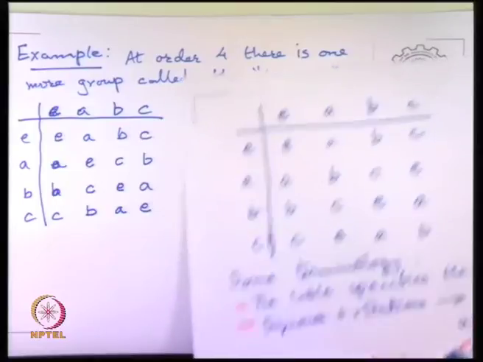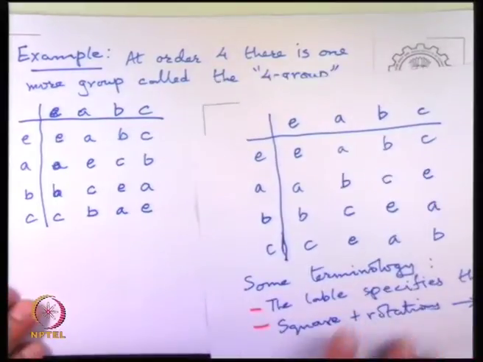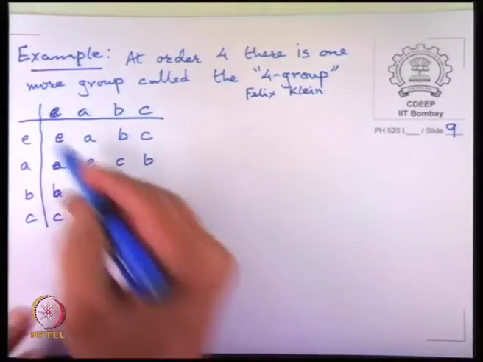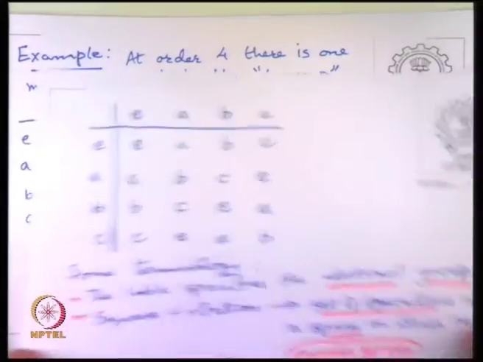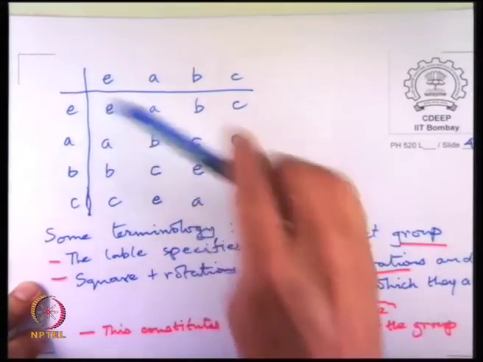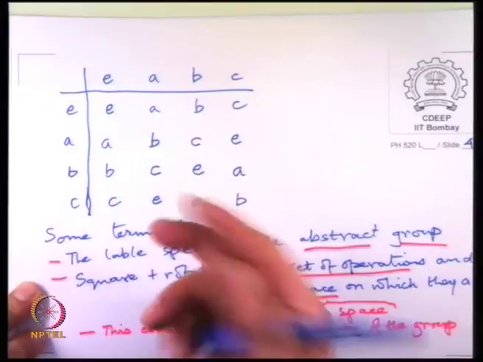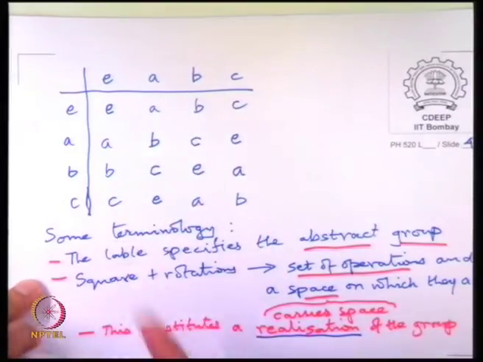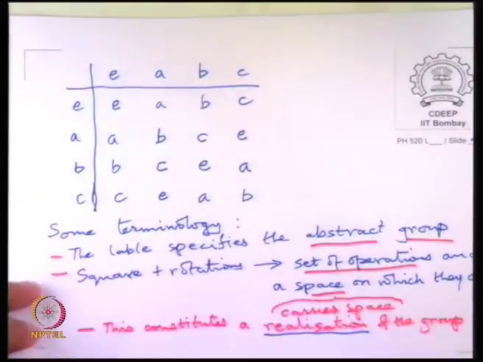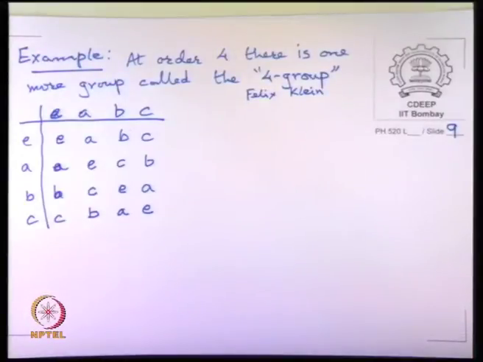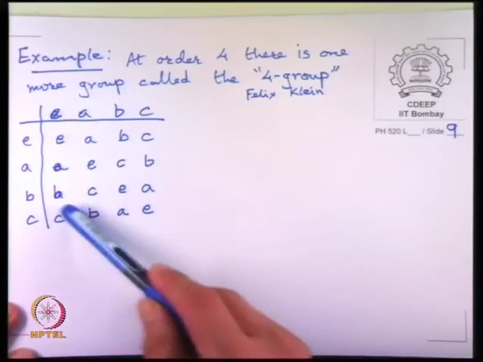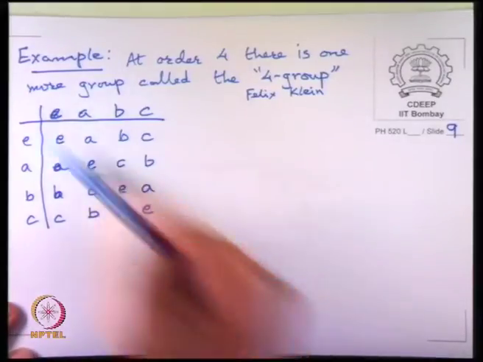This group is also commutative, as can be seen from the table. You can see, if you look at that multiplication table, if it is symmetric along the diagonal, then it is clearly a commutative group. So this is flipped across the main diagonal and stays the same. This group that we have now drawn up, we can take a look at it, and we see that yes, it is also symmetric about the diagonal.